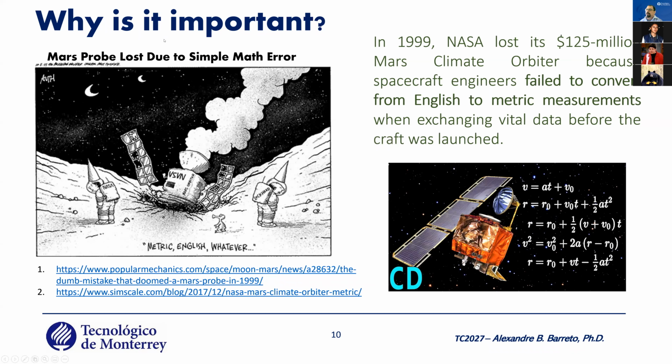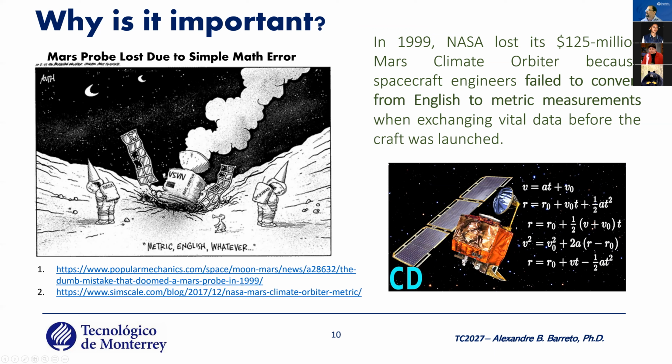Did you hear about this problem here? What happened here is, in 1999, NASA lost 125 million in the Mars Climate Orbiter because the spacecraft engineers failed to convert from English to metric measures when exchanging vital data before the craft was launched.